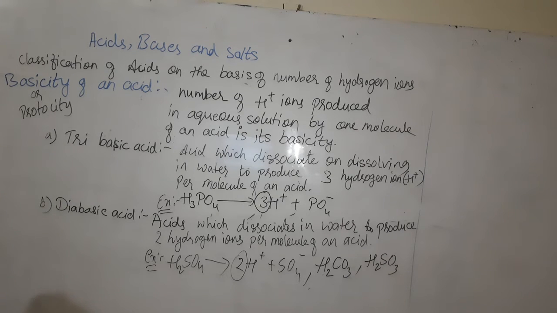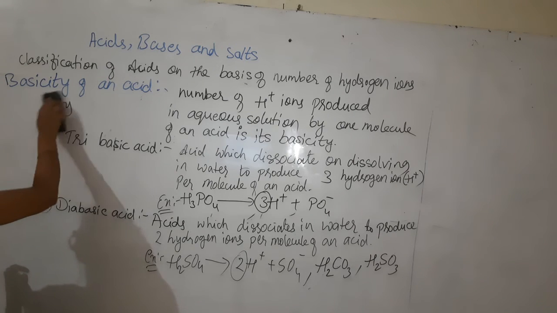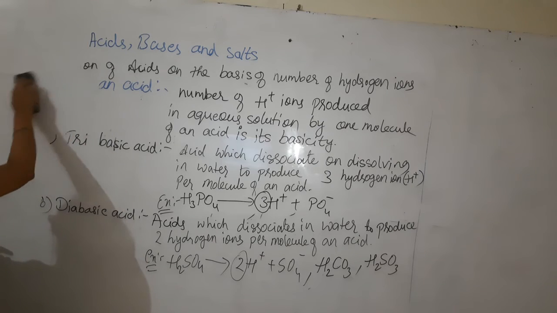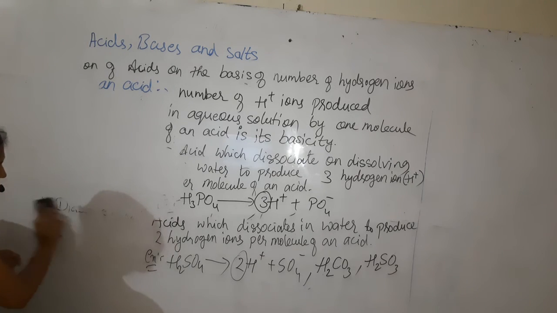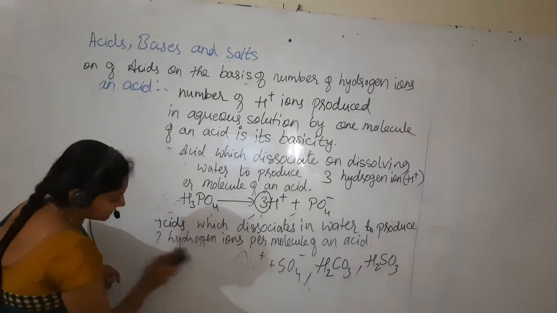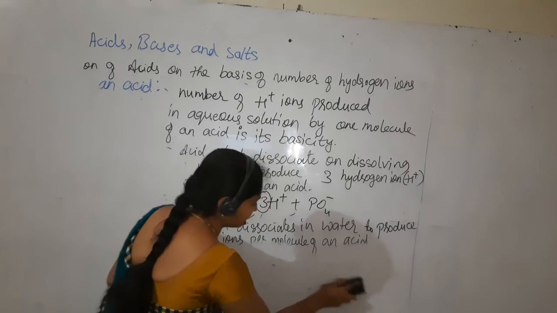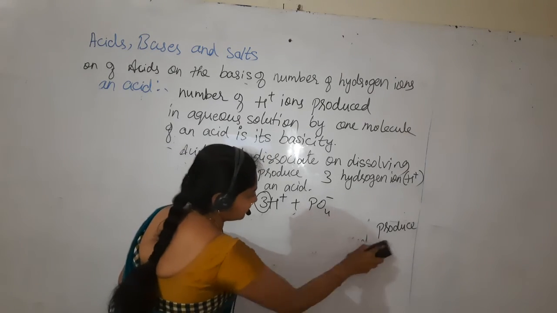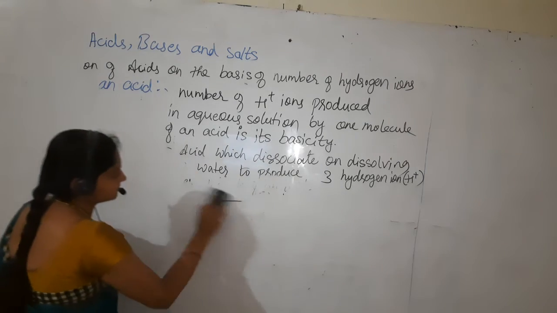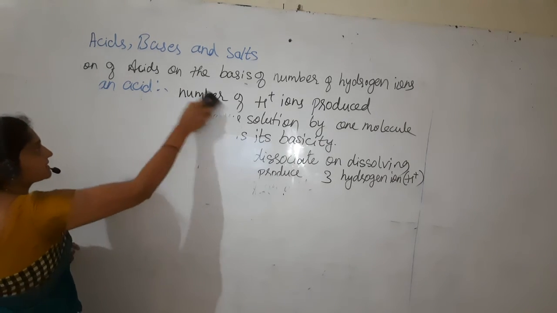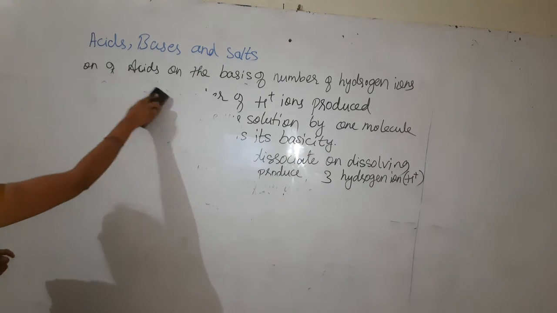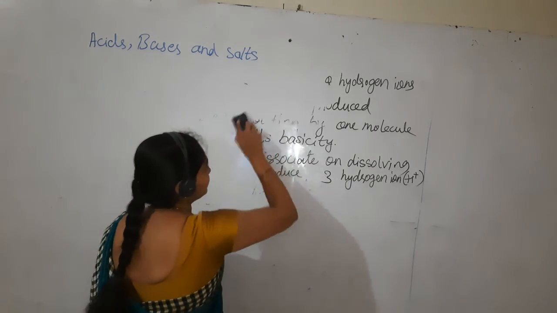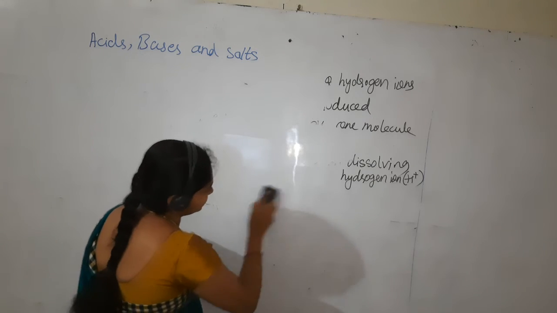Now we will move to the bases. So till now we discussed acids, properties of acids, types of acids, and classification in different ways: on the basis of origin, on the basis of their strength, and on the basis of number of H+ ions.